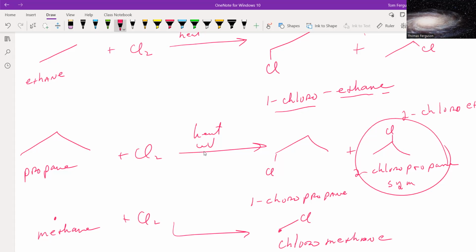So whenever we get three or more carbons, then look for mixtures. If it's 2 or 1, no mixture.